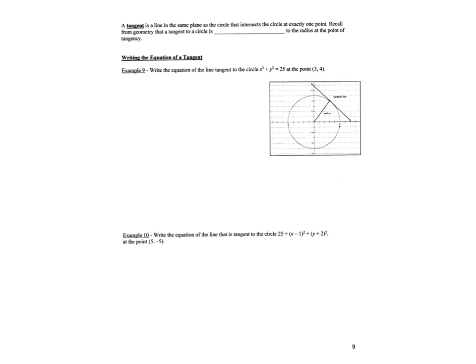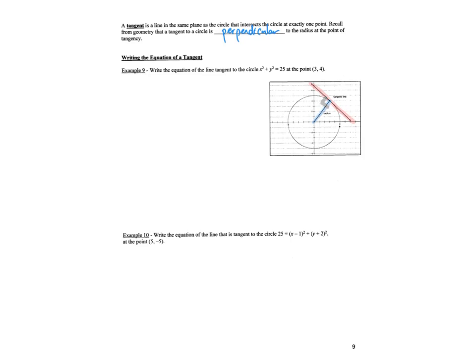Importantly, the fact that we need to know is that a tangent to a circle is perpendicular to the radius at the point of tangency, so where the tangent meets the circle. So in this example here, we can see a tangent line, and we can at least have some intuition by eye that it does look perpendicular to that radius.